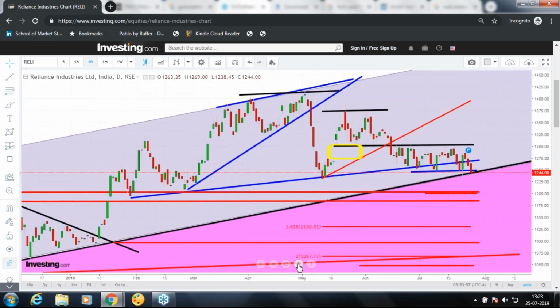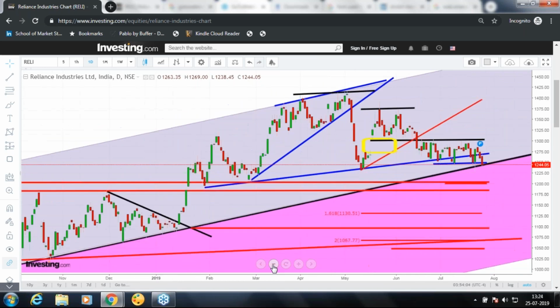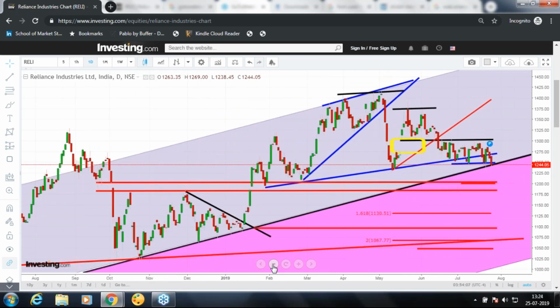Now, in case that trend line gets broken, then what happens? So we've drawn multiple horizontal lines in red, which would be our target levels on the downside. But before that, let's understand this yellow box which I have drawn out here. This yellow box is nothing but the gap up which we had seen in the markets, and notice that it came into the gap but never could fill it up.